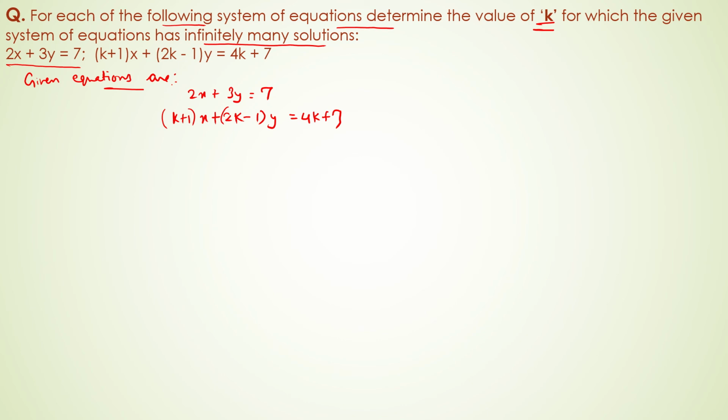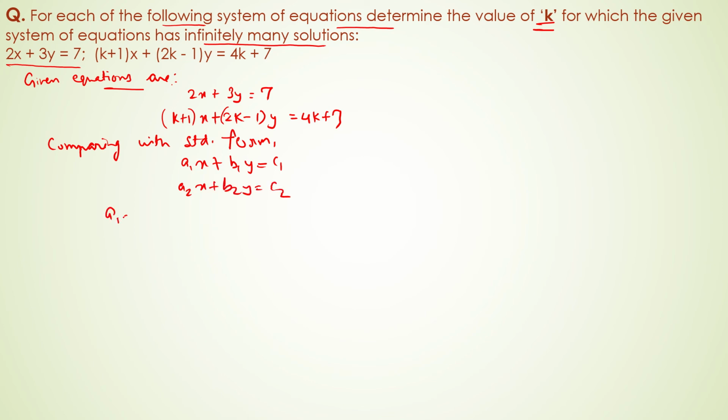So comparing with the standard form, we get a1x plus b1y equals c1, a2x plus b2y equals c2.